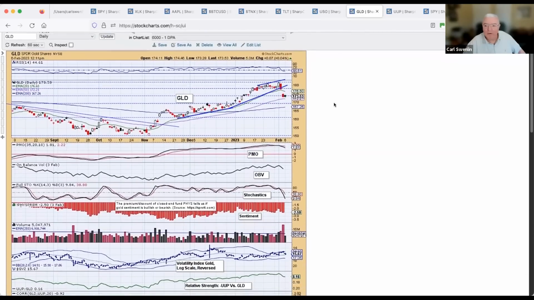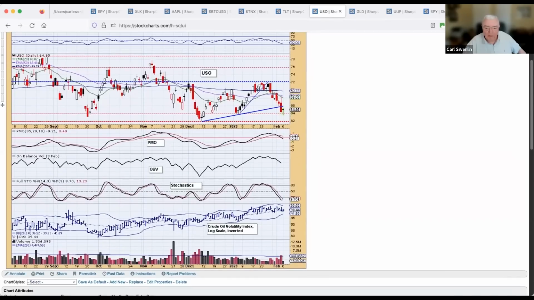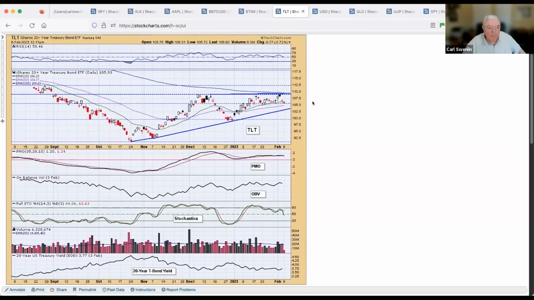Okay, on oil, it's been in a declining trend. Looks like we're finding support right around this level. 20-year Treasury bonds are trying to trend higher, but getting stuck right at this level, and pulling back somewhat now.